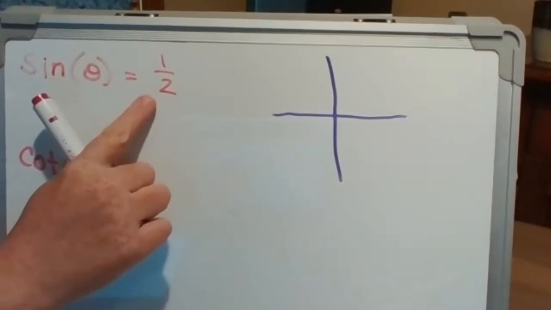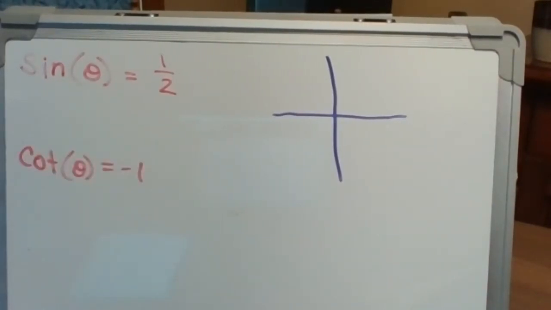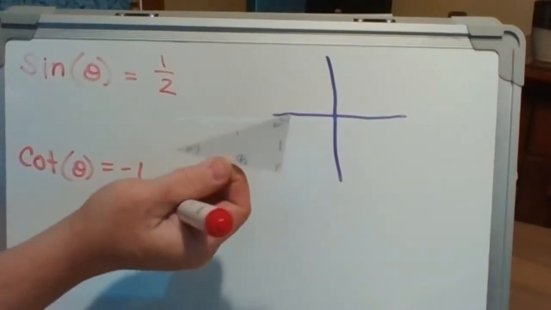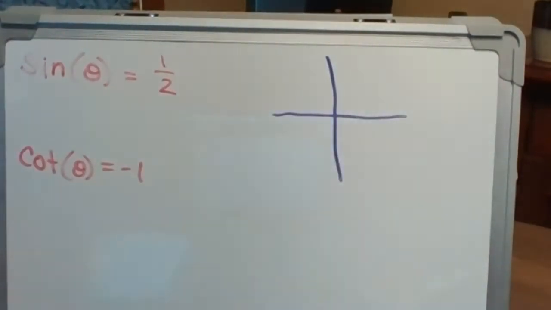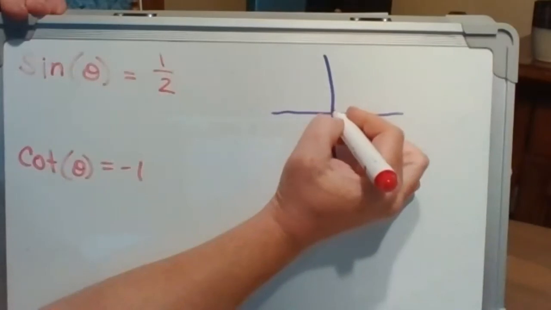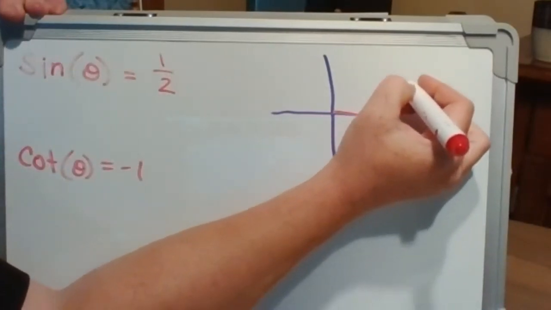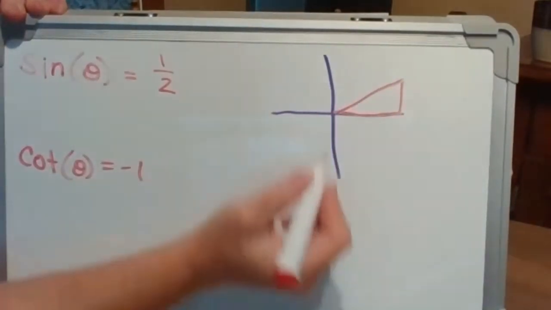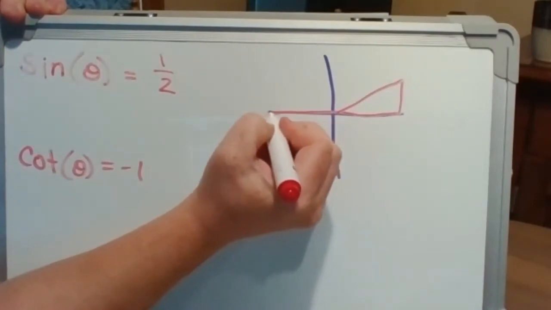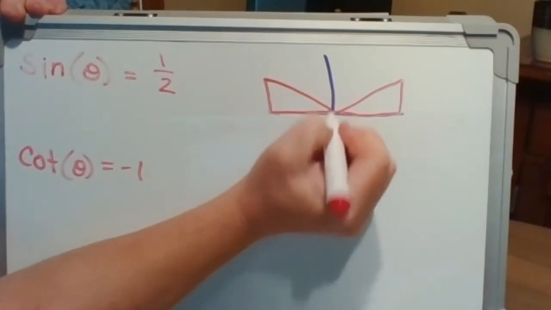So if the y value is the short side, that means that the x value has to be the long side. So I go, x is long, y is short, triangle. X is long, y is short, triangle.